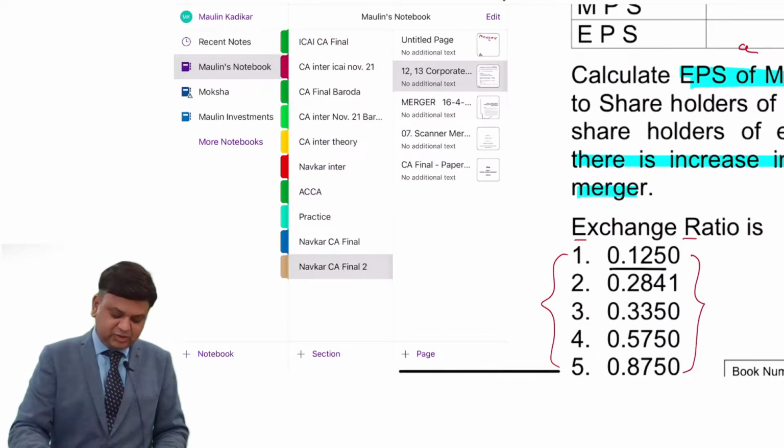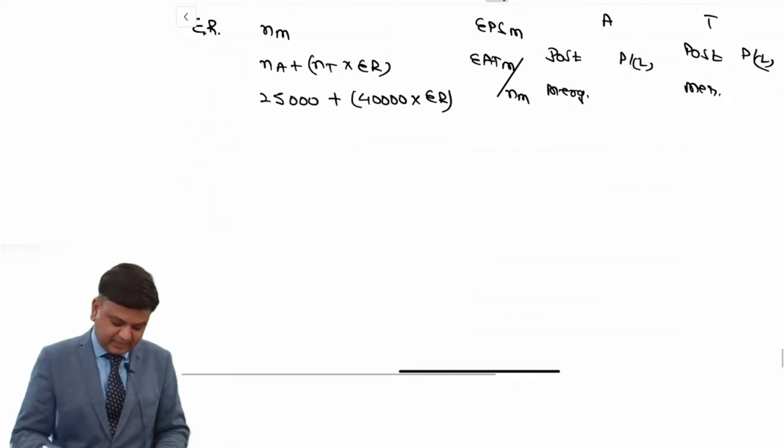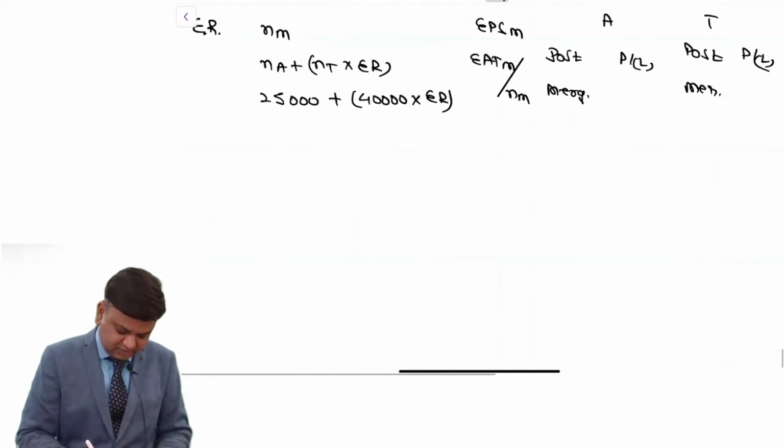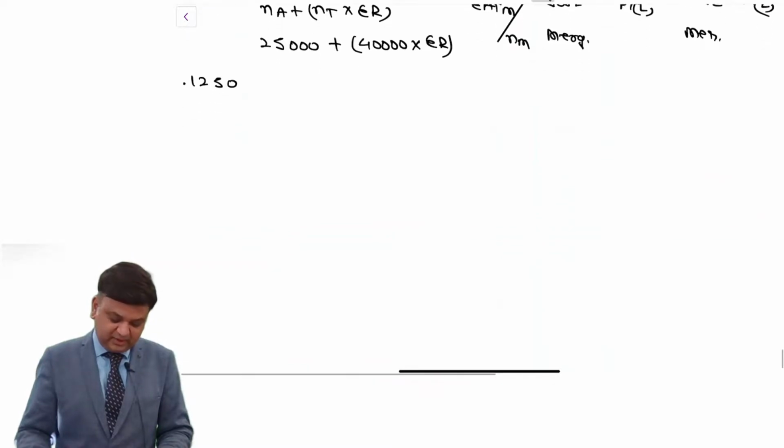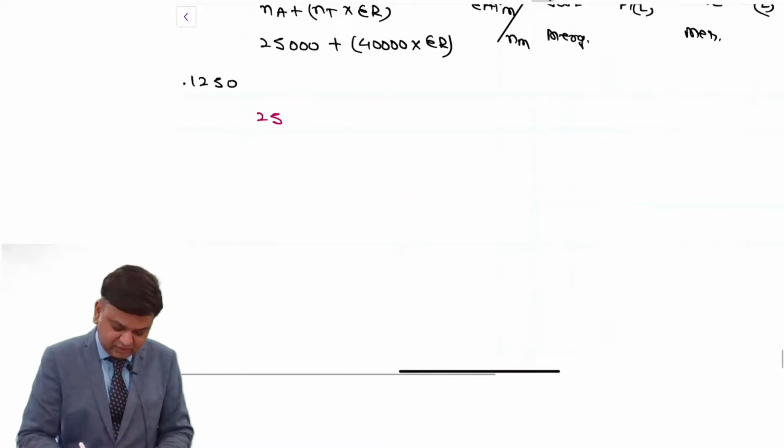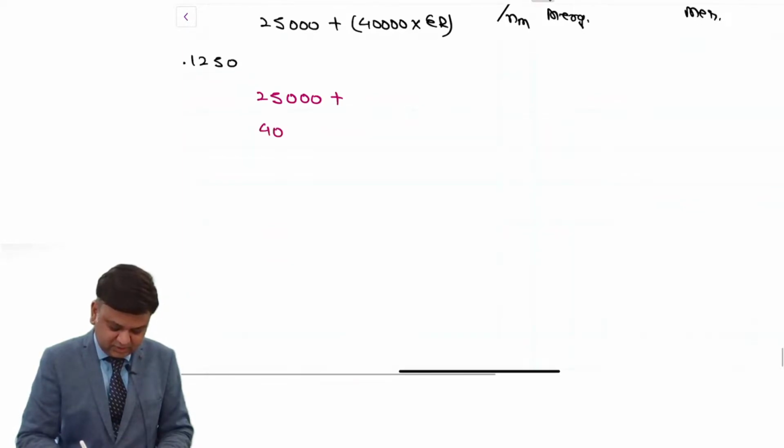The exchange ratio is 0.125. Let me explain, friends. This is 0.1250. Number of shares of the merged firm will be 25,000 plus 40,000 into 0.1250.